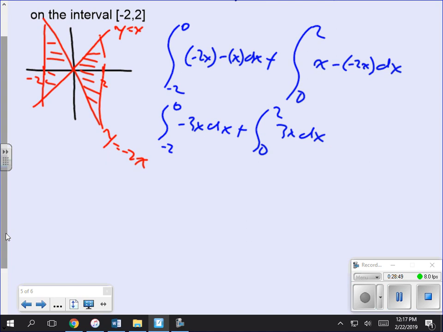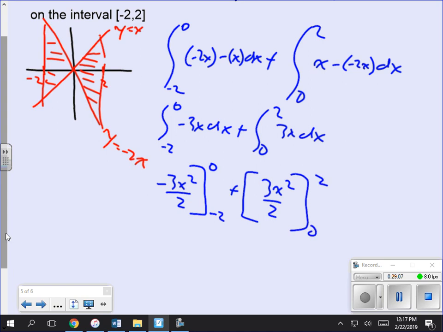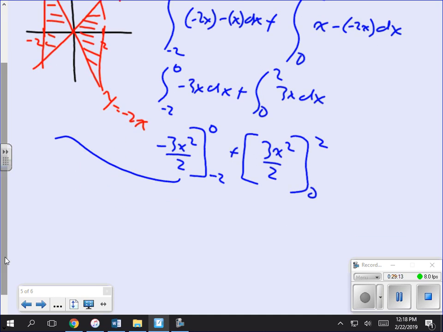which if you do this by hand, it's negative 3x squared over 2 from negative 2 to 0 plus 3x squared over 2 from 0 to 2. And I'm moving over here for a little bit of room.